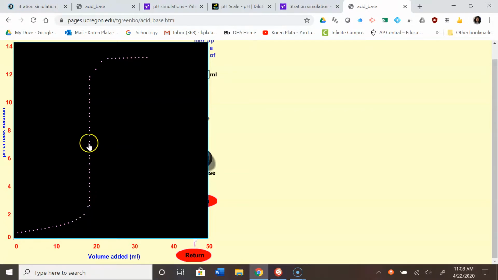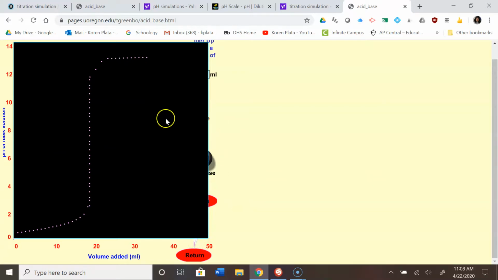And eventually I reach a point where one drop takes it from here up to here. So this middle point is called my end point. That's how I know that I'm done with the reaction. And then if I keep adding more base, it's going to become basic, but it's also going to kind of flatten out.